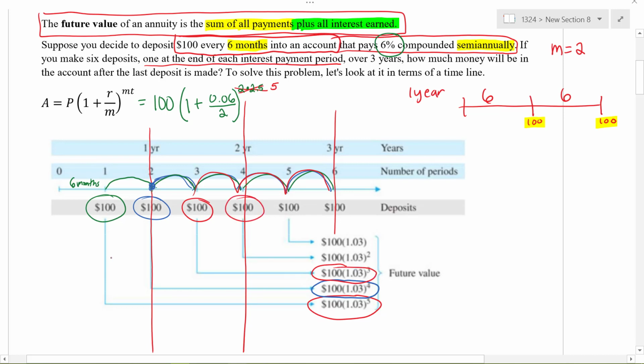The fourth $100 that you deposit earns interest twice. So there's the formula for the future value of that $100. The fifth $100, the interest only gets calculated 1 time, so there's the formula for that. The last $100 actually earns no interest, so you just deposit that $100 and that's it.